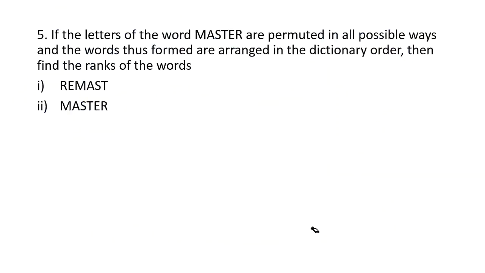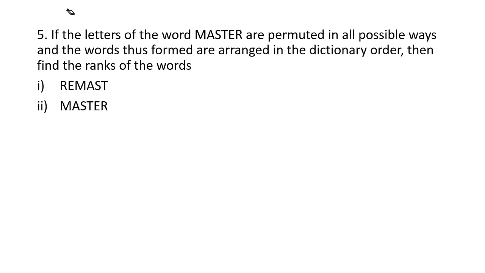Coming to the next, we have a few problems related to rank. So let us look at this problem. If the letters of the word MASTER are permuted in all possible ways and the words thus obtained are arranged in dictionary order, then find the rank of the words REMAST and MASTER. So for this, you have to write the given letters in dictionary order.